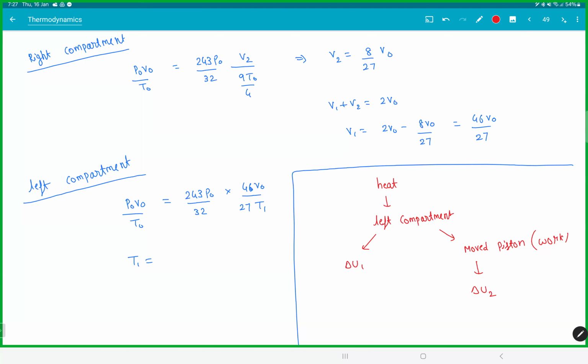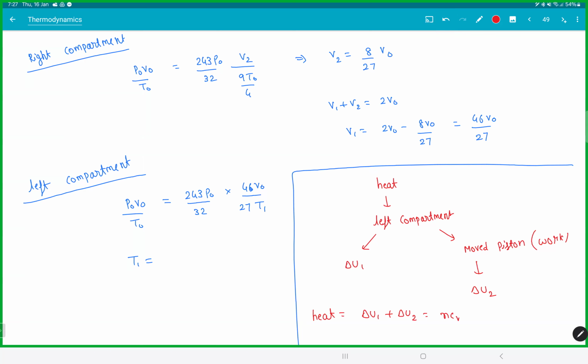Is this making sense? So end of the day, can I say like this? The total heat that you supply is nothing but internal energy of both the gases. Is that sentence making sense? Because where else is the energy going? Whatever I'm giving you, internally, right? The volumes are changing, but that is all internal work. So all the heat that I'm supplying is simply going into internal energy delta U1 plus delta U2.